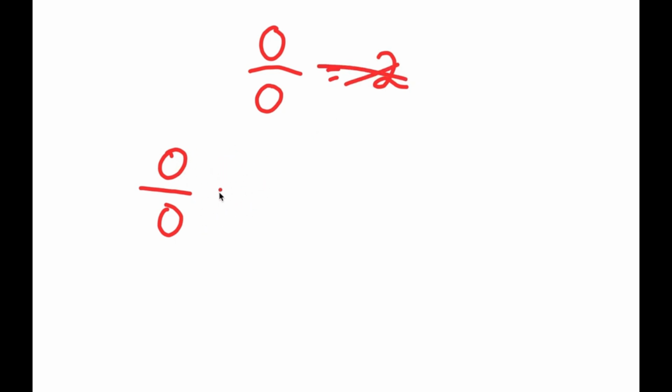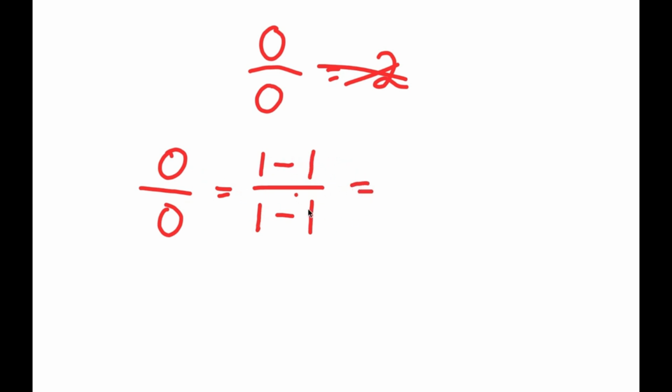Well, 0 over 0, this is the same thing as 0 is the same thing as 1 minus 1, meaning 0 over 0, I can write this as 1 minus 1 over 1 minus 1. Right? And this is right because 1 minus 1 is 0, so this is the same thing as 0 over 0.